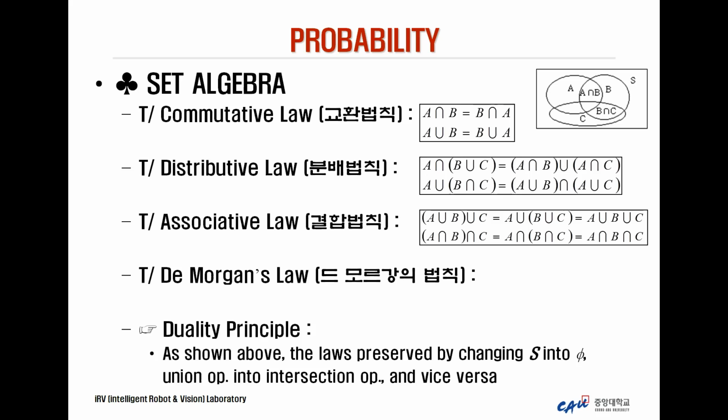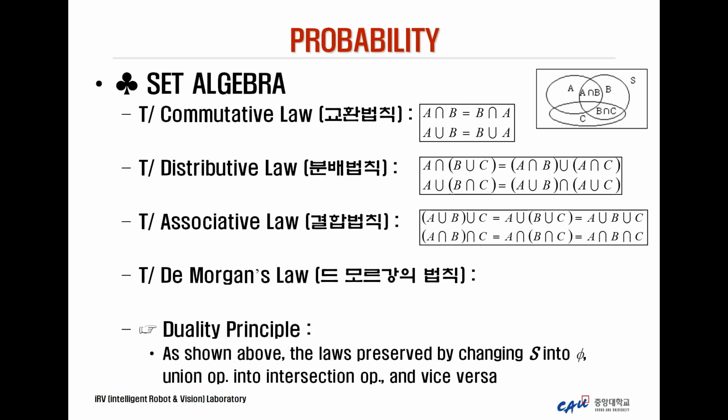Also, (A intersection B) intersection C is the same as A intersection (B intersection C), which equals A intersection B intersection C. So the order of operation is the same when you apply those union operations and intersection operations, because they are homogeneous. They are the same operations inside this associative law.